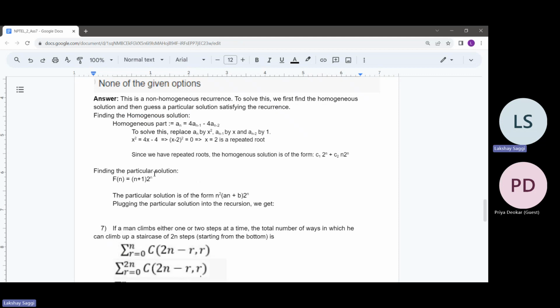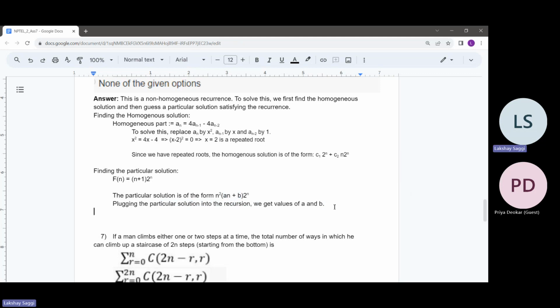So I'm just discussing the solution at a high level. First, we solve the homogeneous part and obtain a solution of this form. Then we find the particular solution using the rules, and we guess it to be of this form. By plugging the particular solution into the recursion, we'll get the values of the constants a and b.